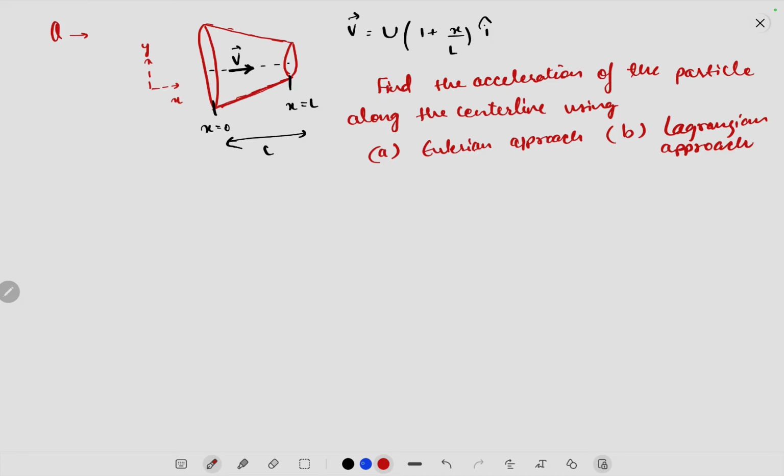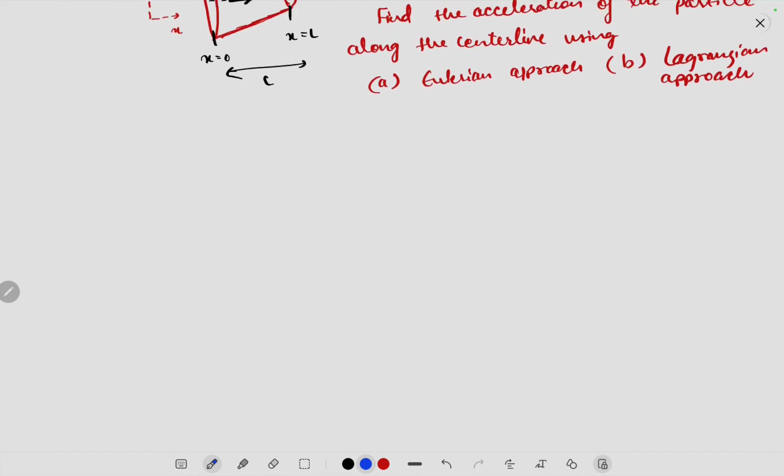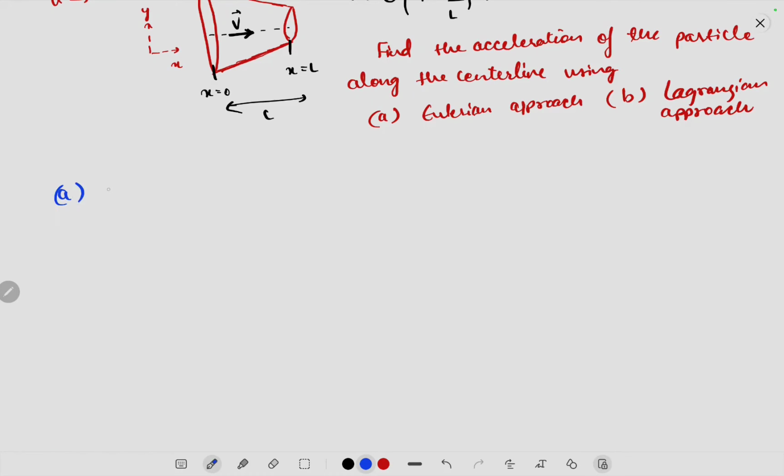Okay, let's start. So let's first find the acceleration using the Eulerian approach.